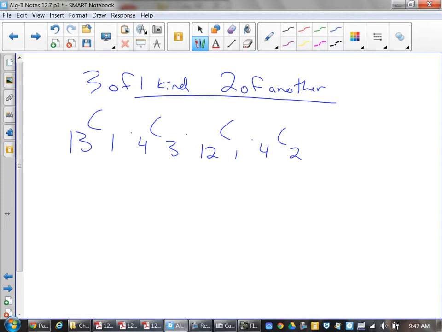Good question. Why do we have the 4 choose 3? Well, the first thing here is you pick a card. The next one is you want 3 of them. Where did the four come from? Remember, there are 4 of each card. So let's say you pick a card.